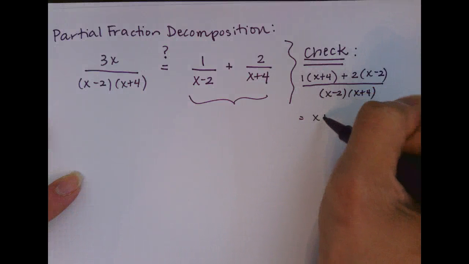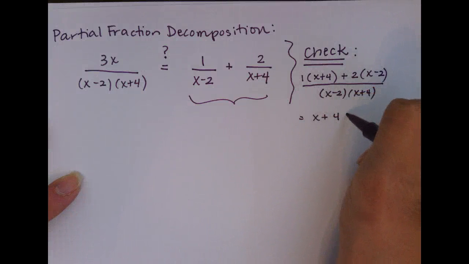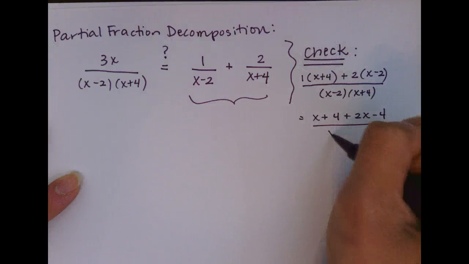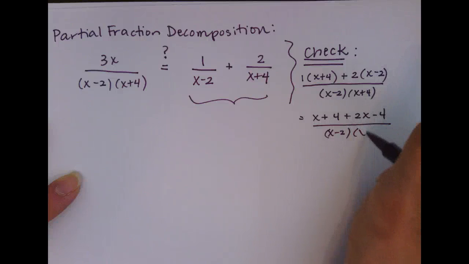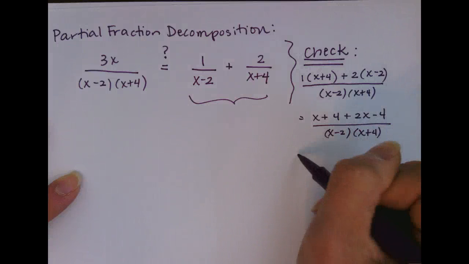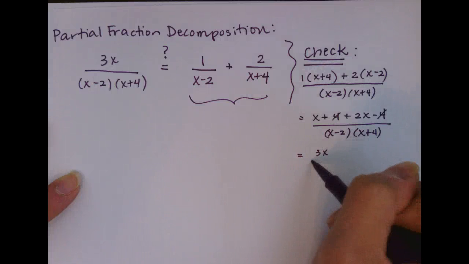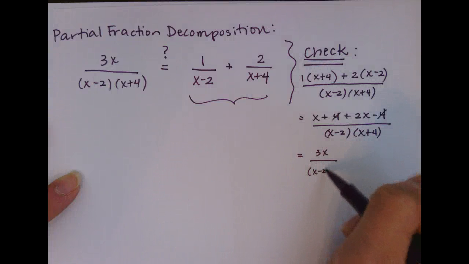Simplifying and distributing, x plus 4 plus 2x minus 4 becomes my numerator. And you can see that I'll have some like terms that I can combine, and then my constants are going to cancel out.